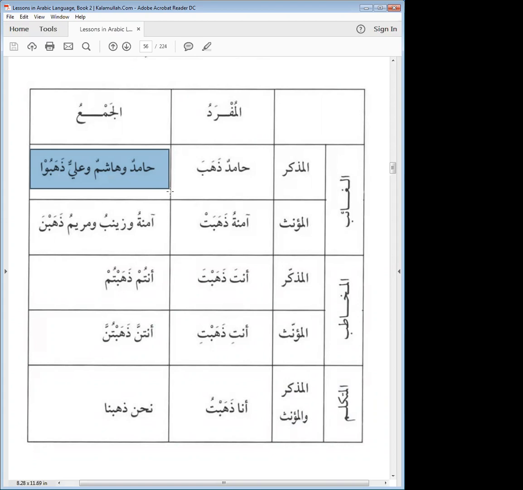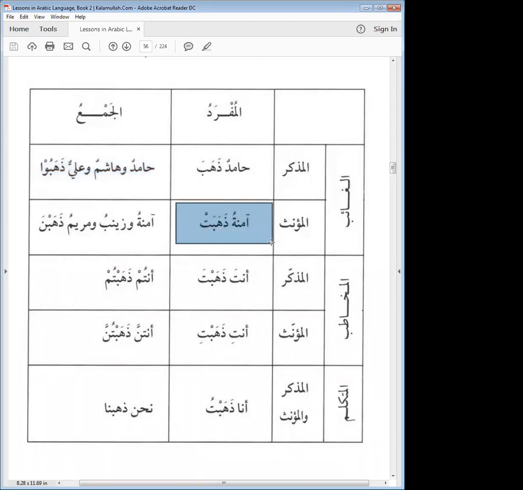So singular and plural for the third person masculine. Then we have the third person feminine, al-mu'annath, singular and then plural.